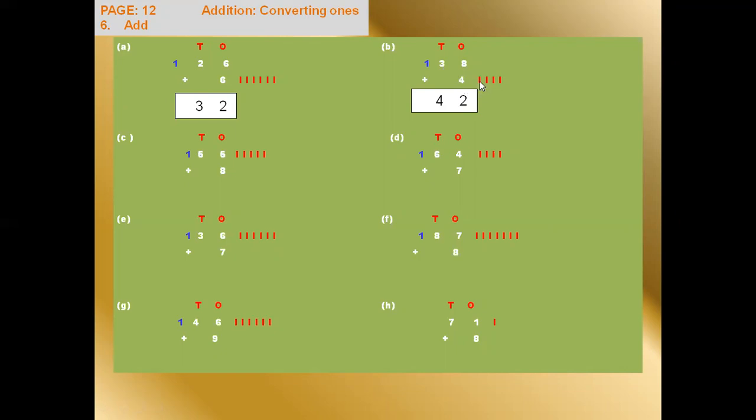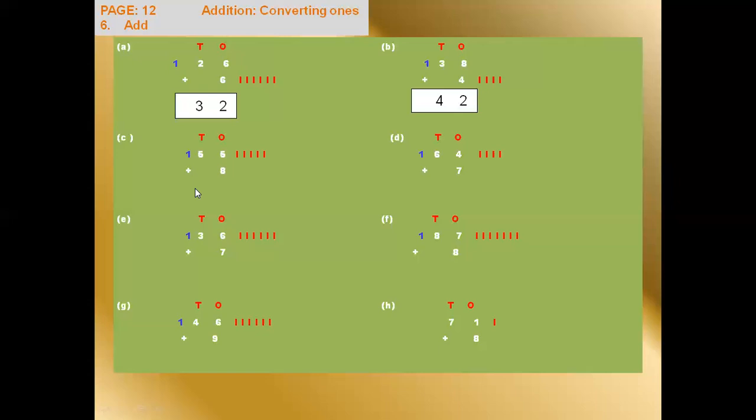So we draw 4 lines 1, 2, 3, 4 and after 8 we start counting 8, 9, 10, 11, 12. So again 12 come, we write 2 here and 1 go in the tens. So 3 plus 1, 4. So 38 plus 4, answer is 42.